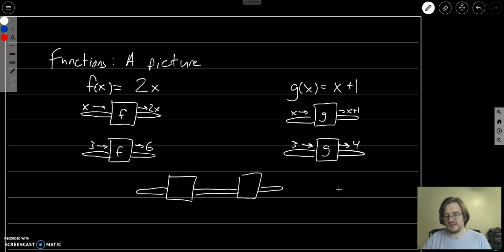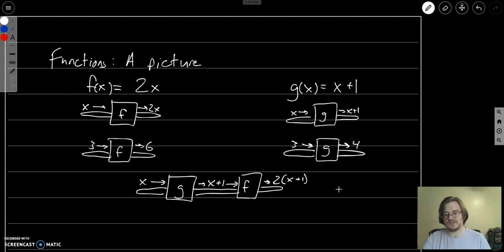We'll link them with a little conveyor belt. And for reasons that I'll explain in a second, I want to do g first and then f. So here, when I plug x into here, I know that we get an x plus 1 coming out. But now I want to plug an x plus 1, and it's going to go right into f. f just takes everything times 2. So out the other side, we're going to get 2 times x plus 1.